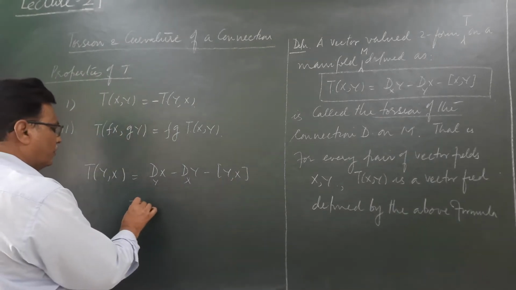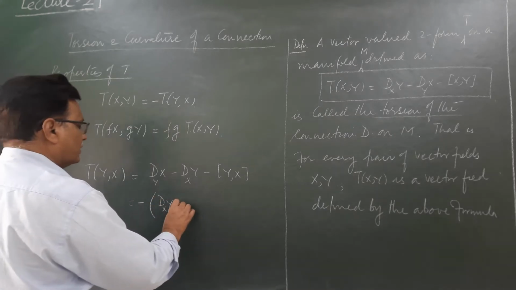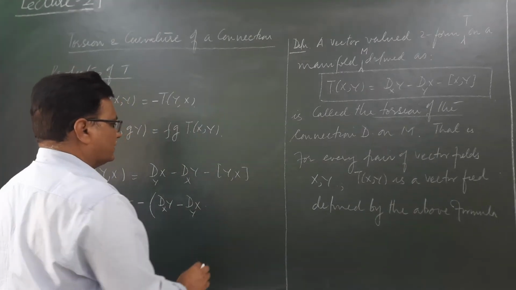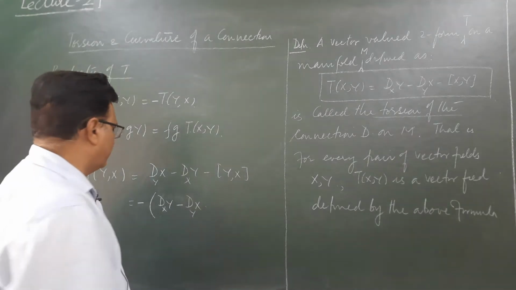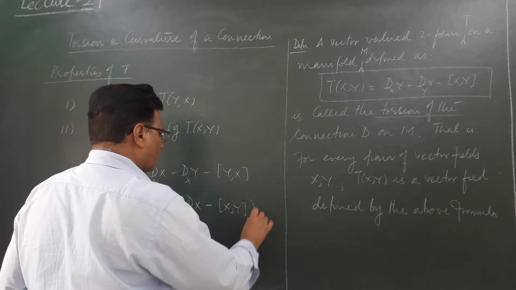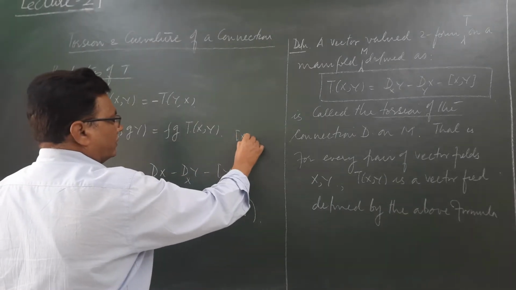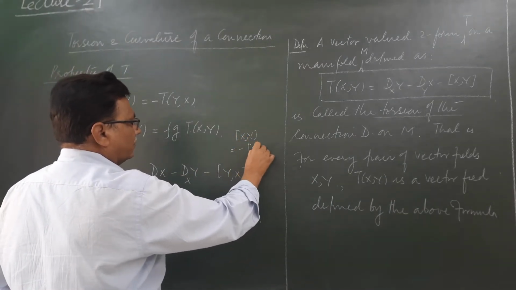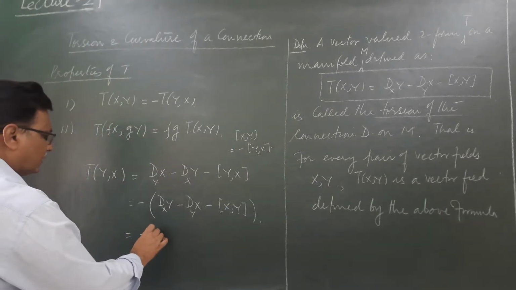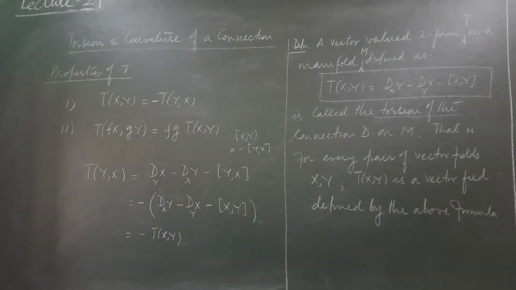Now, if you take minus common from here, it will become Dxy minus Dyx, and the Lie bracket [y,x] is in fact minus the Lie bracket of [x,y]. Because the Lie bracket [x,y], everybody knows, is minus the Lie bracket [y,x]. So we have used this fact, and this is nothing but minus T(x,y). So skew symmetry of T is obvious.